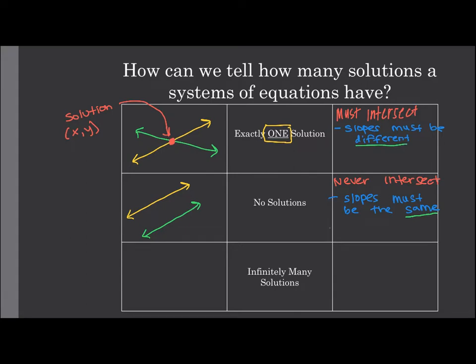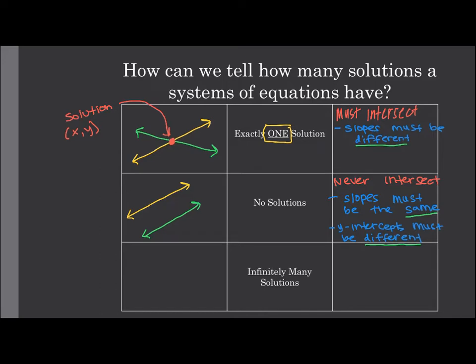And this one has a second piece of information. Y-intercepts must be different. Let's talk about y. If you have an equation and the slopes are the same and the y-intercepts are the same, they're going to land right on top of each other. So you need to have different y-intercepts so that it separates the lines apart.